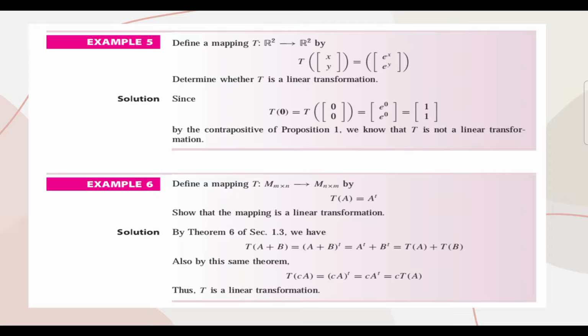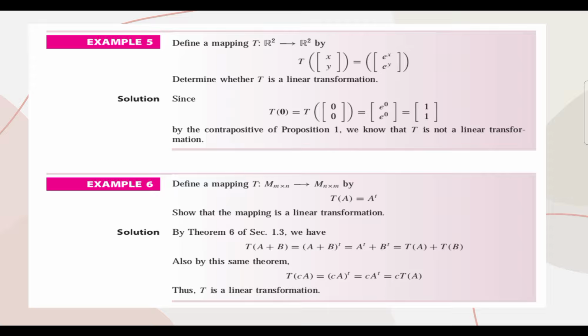So we need T(0) = 0. To test this, 0 is plugged into the function. We substitute the zeros: T(0, 0) gives a raised to the power of 0 and a raised to the power of 0. Since any number to the power of 0 is 1, we get (1, 1).